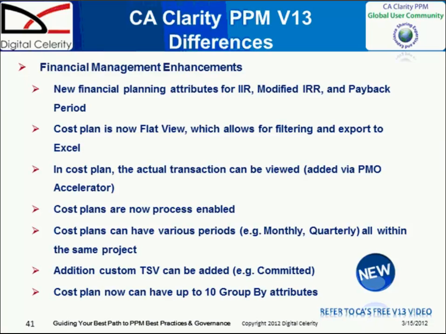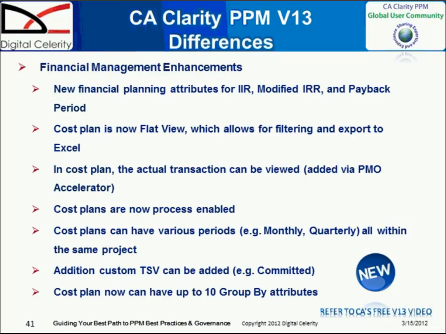Also, within Clarity 13, there are a few changes that have happened within the financial management area. There are some new financial planning attributes that you can see here. The cost plan is now a flat view, which allows for filtering, and also you can export it to Excel. In the cost plan, the actual transactions can be viewed, and if you get the PMO Accelerator, you can see that.